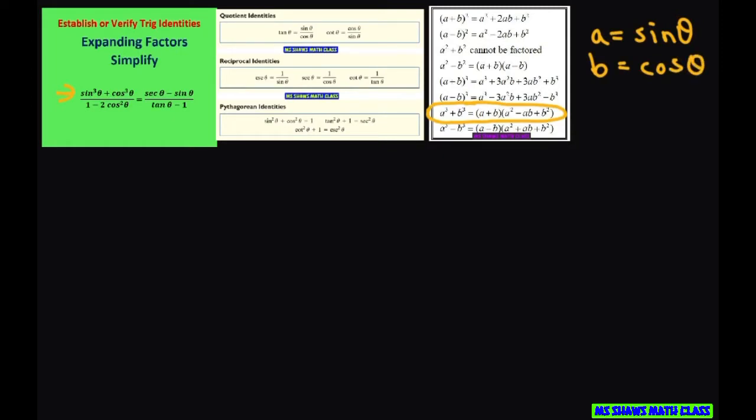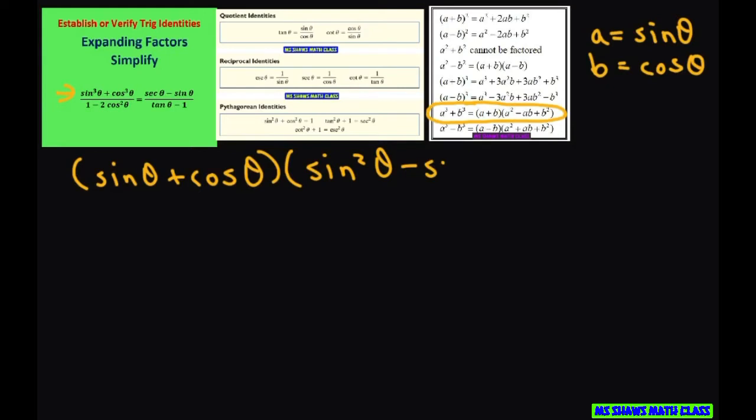So let's just expand this numerator and we're going to get sine of theta plus cosine of theta times sine squared of theta minus sine theta cosine theta plus cosine squared of theta.